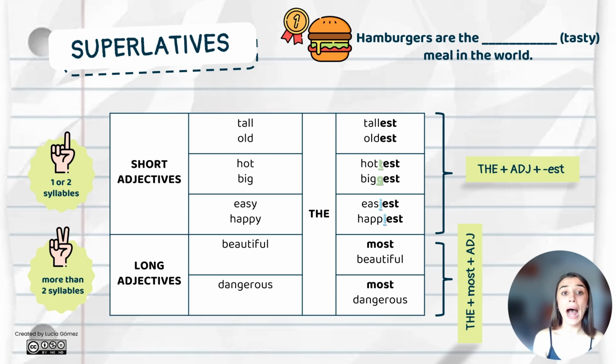So, if we pay attention to the sentence above, we'll have something like hamburgers are the tastiest meal in the world. I'm not comparing two things, but I'm saying that hamburgers are the tastiest, okay, in all the world. So I'm placing somehow hamburgers above the rest of the meals. And that's the aim of superlatives.